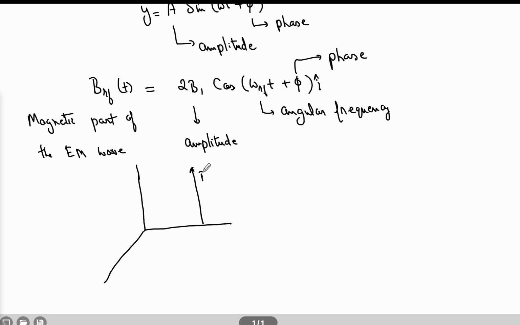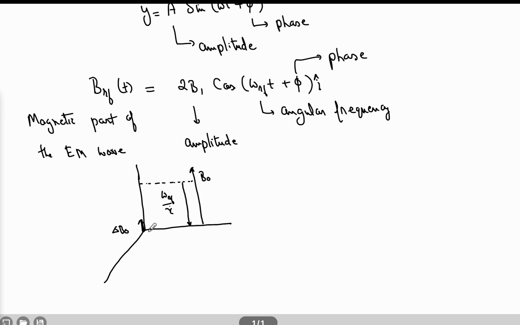Then you have a field which is omega RF by gamma. So this creates a delta B naught over here.